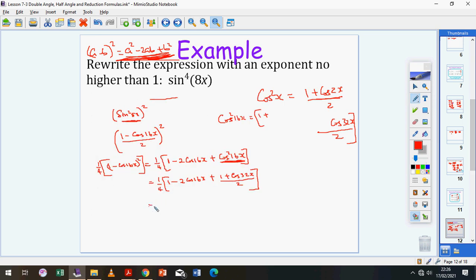Or let me first break this down: a quarter into 1 minus 2 cosine 16x plus 1 over 2 plus cosine 32x over 2. So when I bring the quarter inside, that will be 1 quarter minus cosine 16x over 2 plus 1/8 plus cosine 32x over 8.